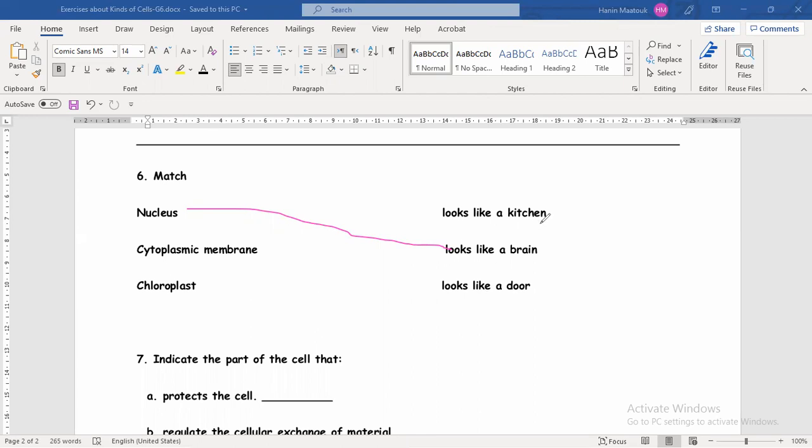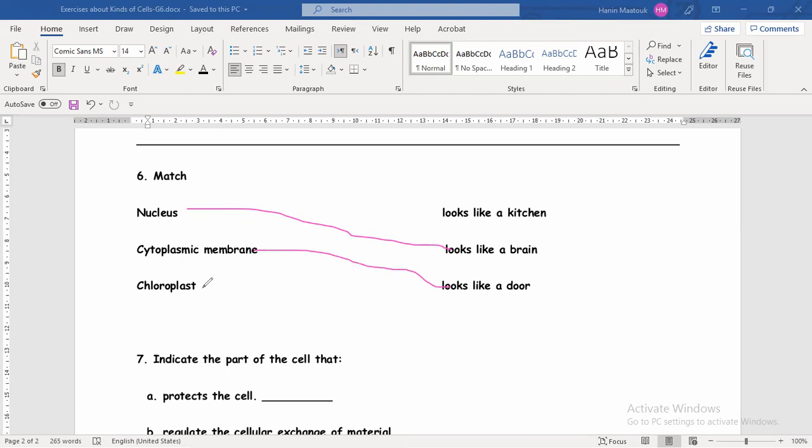The kitchen? No. The door? Yes, because it opens and closes. We can enter through a door or go out through a door. So cytoplasmic membrane looks like a door. Chloroplasts, if we remember, chloroplast is responsible for photosynthesis.